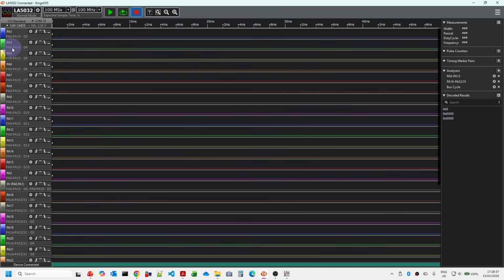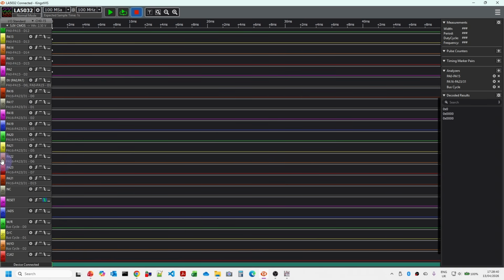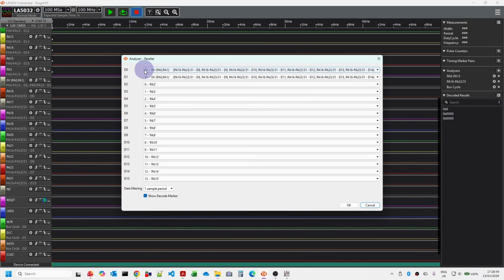Now the reason why the order of these is a little bit different is because, in order to analyze this in the most practical way, you can see here that we don't have the address lines 0 and 1, because we've got 32-bit data.